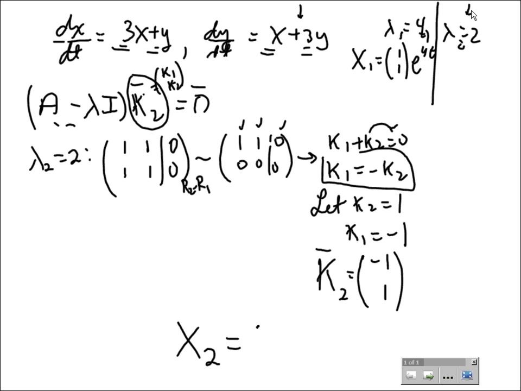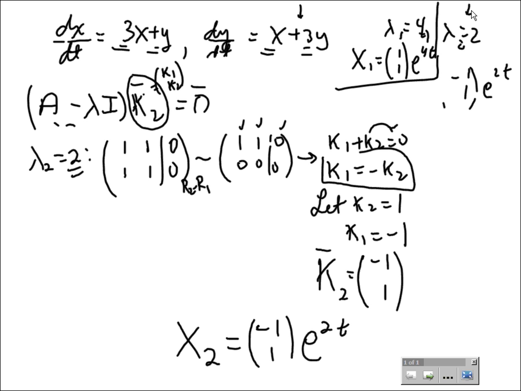X2 equals that vector, K2, times e to the lambda is 2, 2t. Negative 1, 1, e to the 2t. And I failed to write something a little bit important. I want to say that x2 equals that.